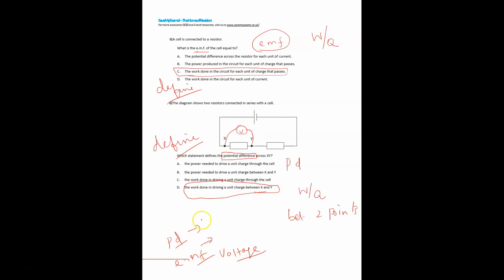Between 2 points is the keyword for potential difference, while throughout the circuit is for EMF. Work done to move charge throughout the circuit is EMF. Between the 2 points is potential difference.